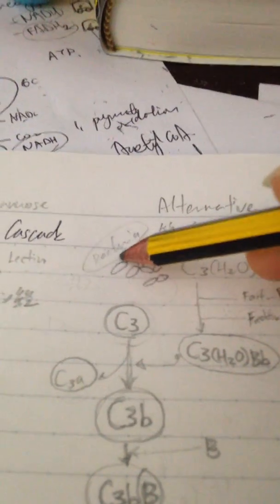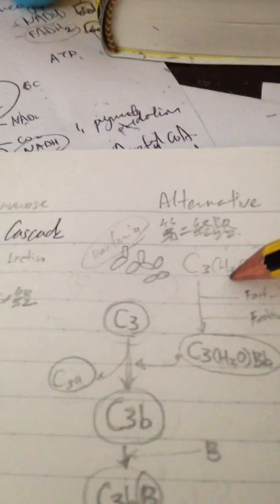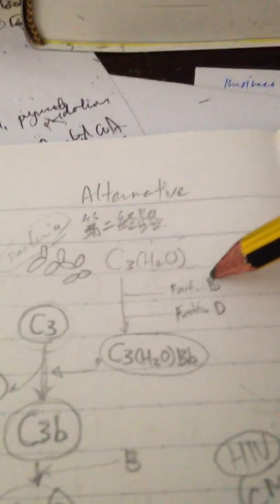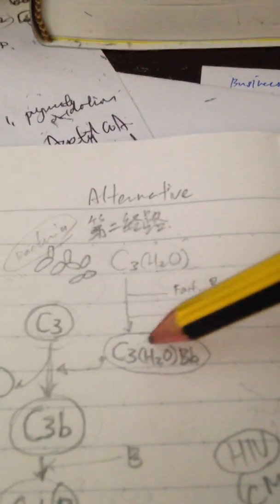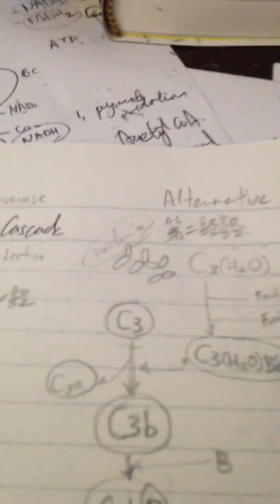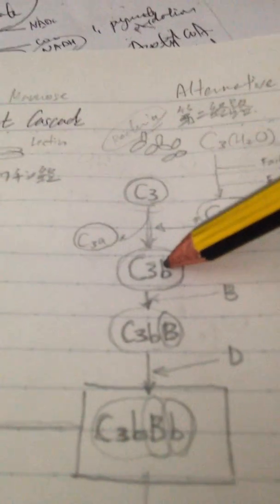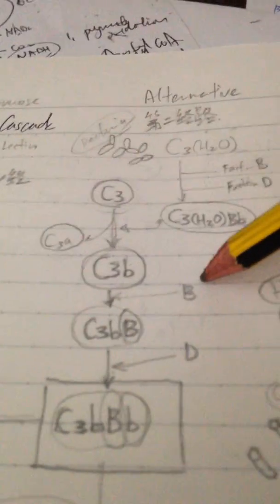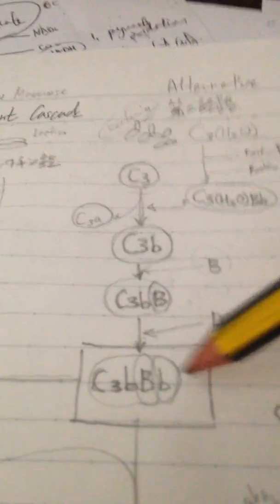However, if it finds bacteria, let's say these are bacteria, and C3 goes, oh, there's some bacteria, what happens is that it will combine with factor B and factor D to become C3(H2O)Bb. And what this does is convert C3 into C3b. And again, with the action of factor B and factor D, it becomes C3bBb.